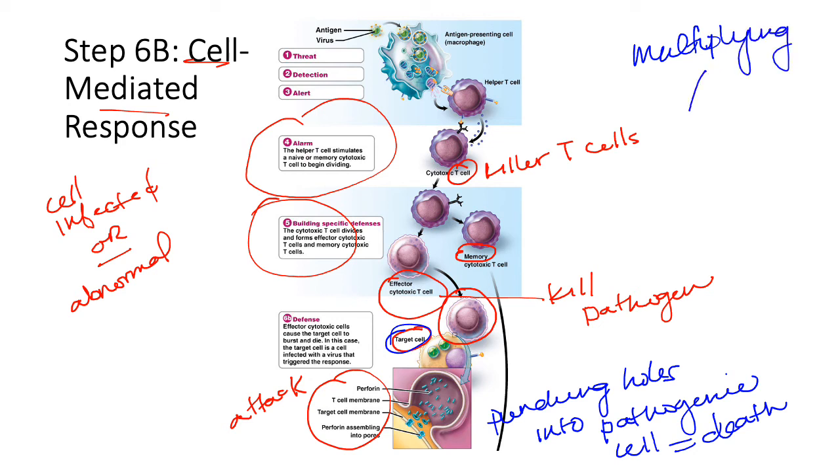We are creating two different divisions, kind of like a killer and a memory cell. If we're talking about those B cells, the killer is those antibodies being released into our body. If we're talking about the T cells, we're actually multiplying and creating more killer T cells, and those are going to attack whatever target cell they're designed to attack.